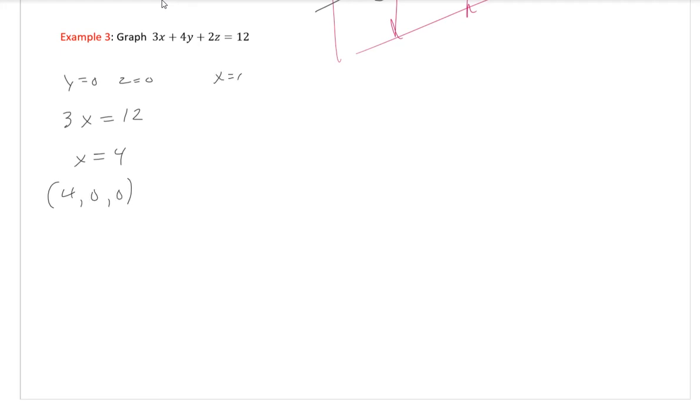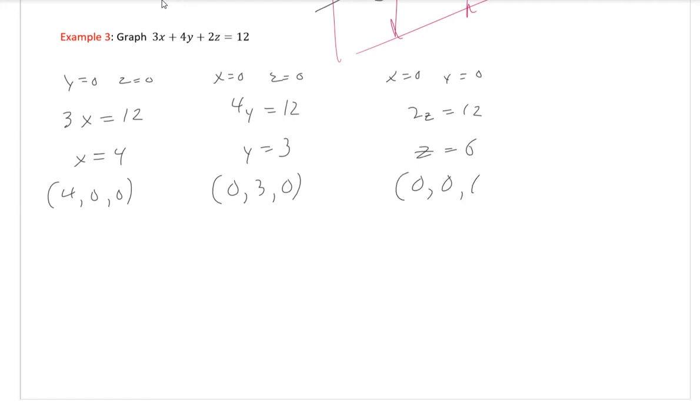If I set x and z equal to 0, then I get 4y equals 12 and y equals 3. So I have 0, 3, 0. And lastly, if I have x and y equal to 0, I have 2z equal to 12 or z equal to 6. So 0, 0, 6.